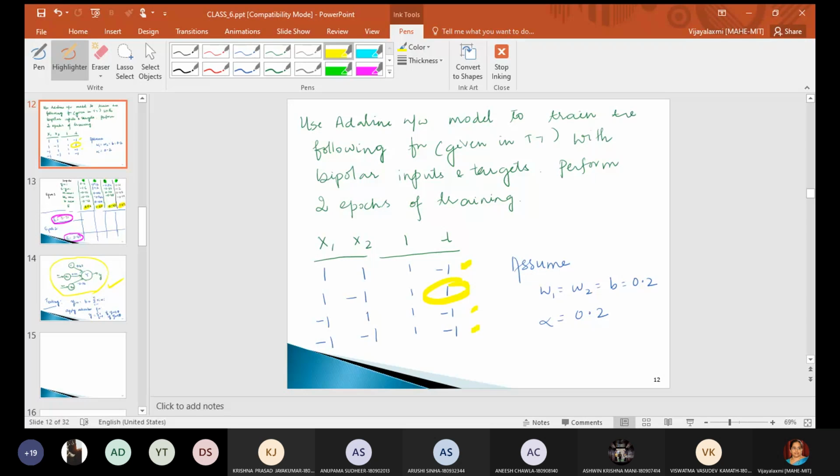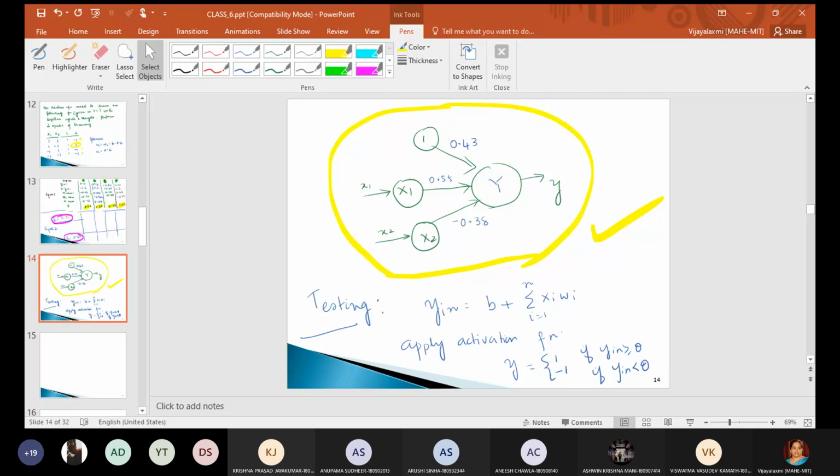You can compare what the threshold value is. Even if you plot the linearly separable line, it is possible to verify that. But the simplest way is to find y_in, apply the activation function, compare with the threshold value, and test the network. This is how we design an Adaline network and get the model.